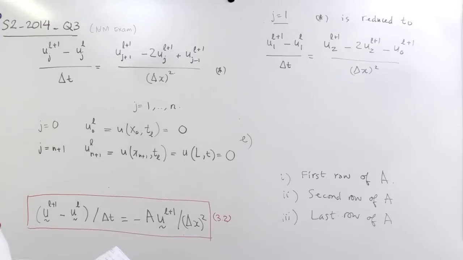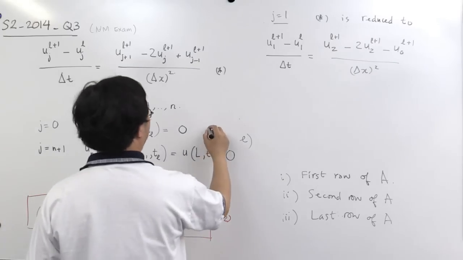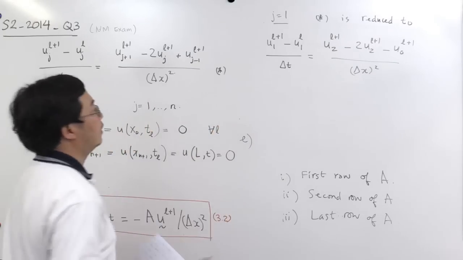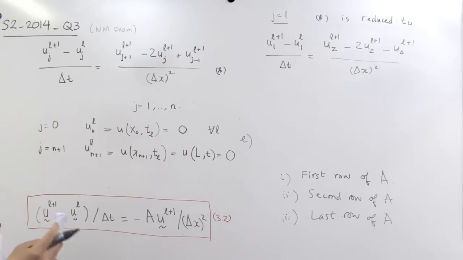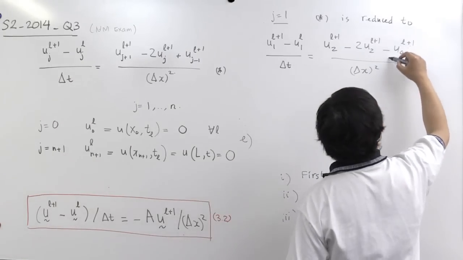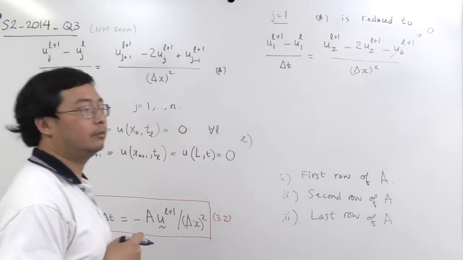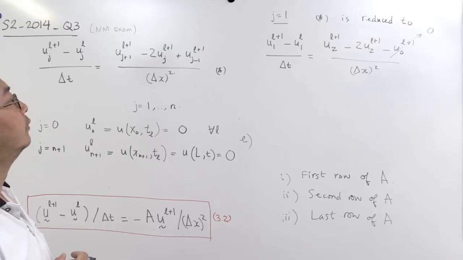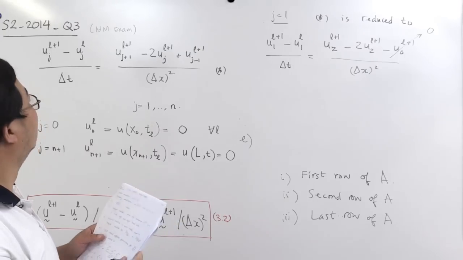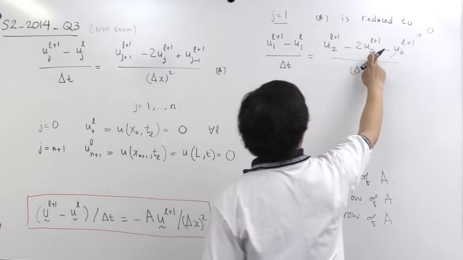So now, remember this one is true for all l, so therefore this term goes away. No, I'm sorry, this one should be 1 because j equals 1.